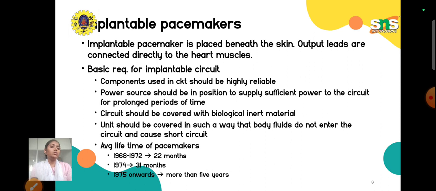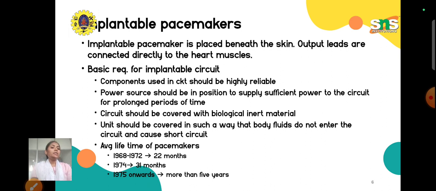In order to change it, you have to go for surgery, take the pacemaker out of your body, and replace the battery. So when choosing a power source for this type of pacemaker, it should be good enough to give sufficient power for a prolonged period, like 3 years to 5 years. So we should be very concerned about choosing the power source.